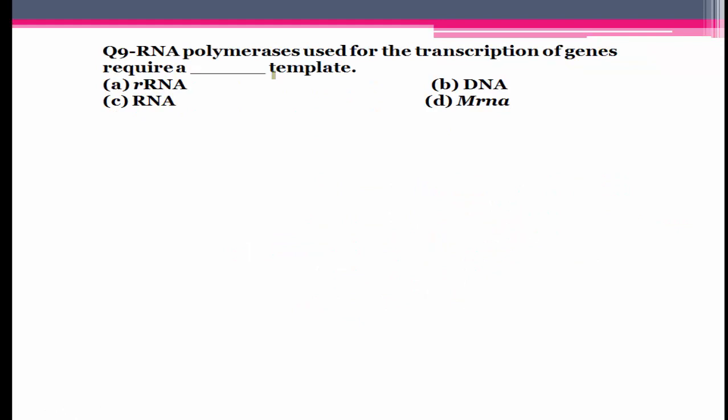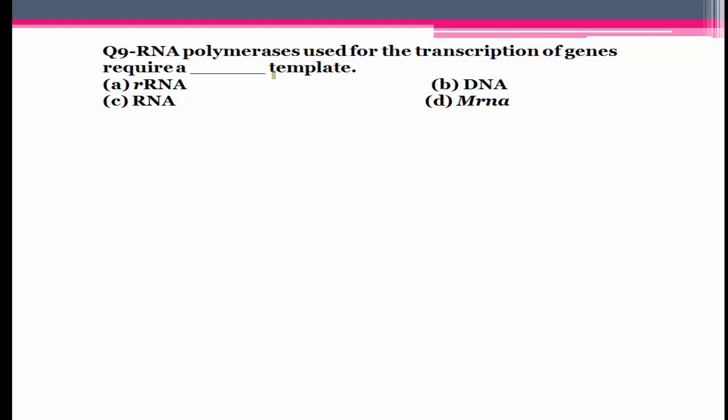RNA polymerases used for transcription of genes require a dash template. RNA polymerase, another name of this one is transcriptase. Which template is required? The term is RNA polymerase. It is an enzyme.